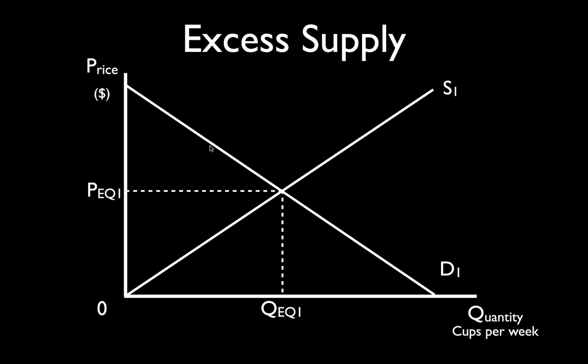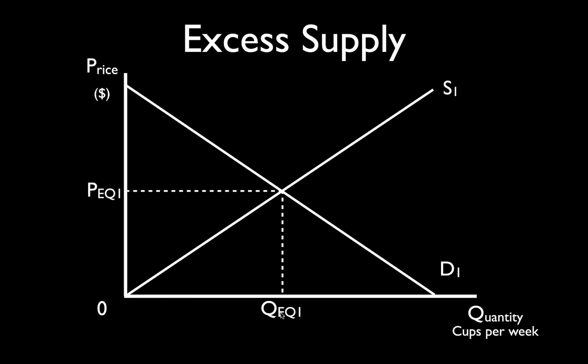So what I want you to understand from this is that there is a built-in feedback loop caused by prices that will incentivize both buyers and sellers to change their behavior in order to bring about the equilibrium price. Now you could be saying, and again we've only given a cursory reason, which is that quantity supplied equals quantity demanded, because that makes sense, and it does make sense that we want that to happen.